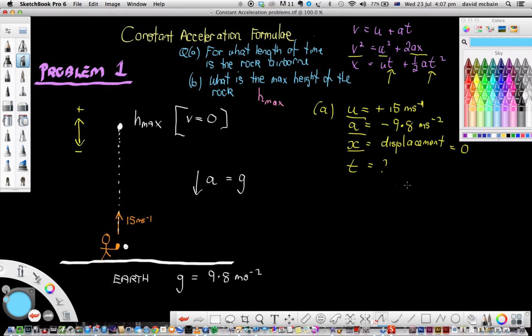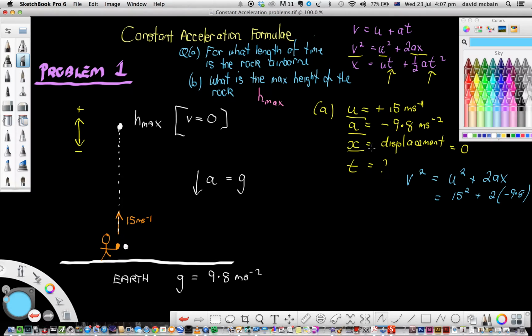So we're going to use v squared equals u squared plus 2ax to begin with. And let's plug our numbers in. So it's going to be u squared, which is 15 squared, plus 2 times negative 9.8 times 0. X is 0.